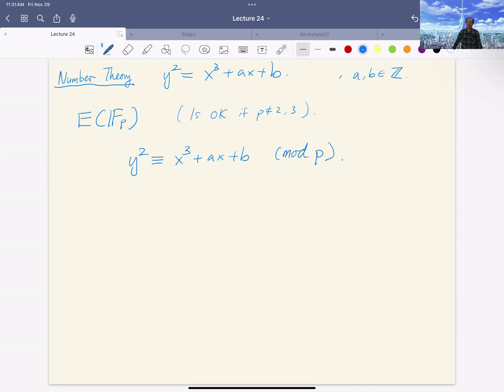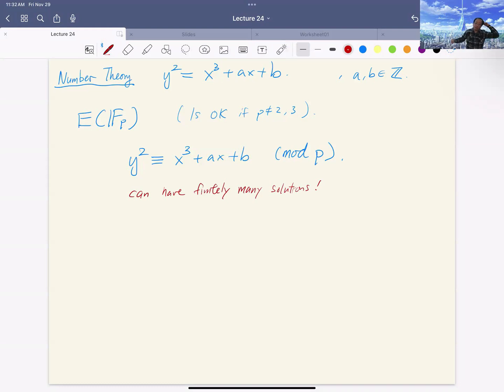All right, so we want to understand this equation mod p. Just notice that it must have only finitely many solutions, because we are mod p, so there are only p values of x and p values of y, and you just test all of them.